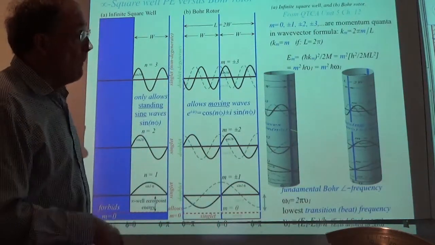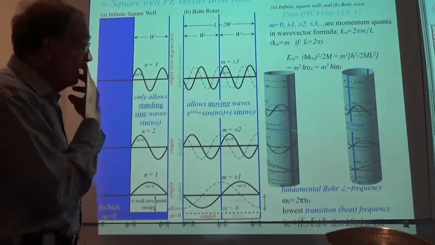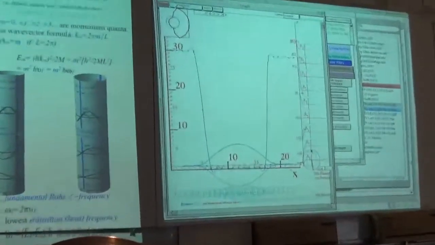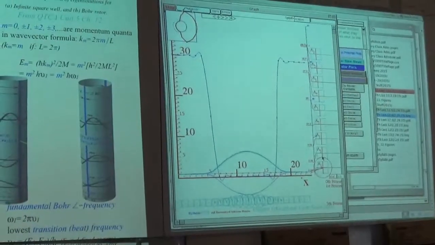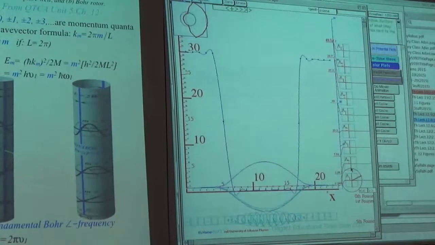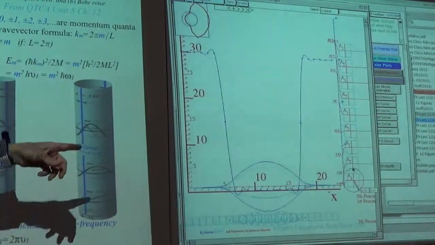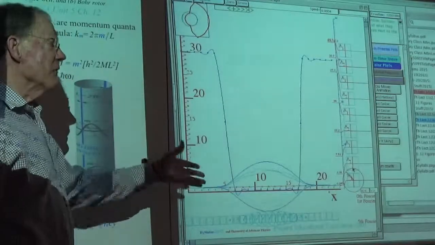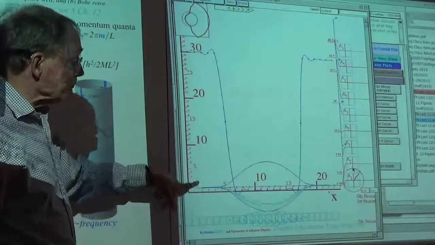Now I have on the screen a moving picture that shows the phase, and this is a real failing of all of the quantum mechanics books, that they don't have a picture, even if it's just a snapshot, like the one shown right here. So this is not an infinite square well.